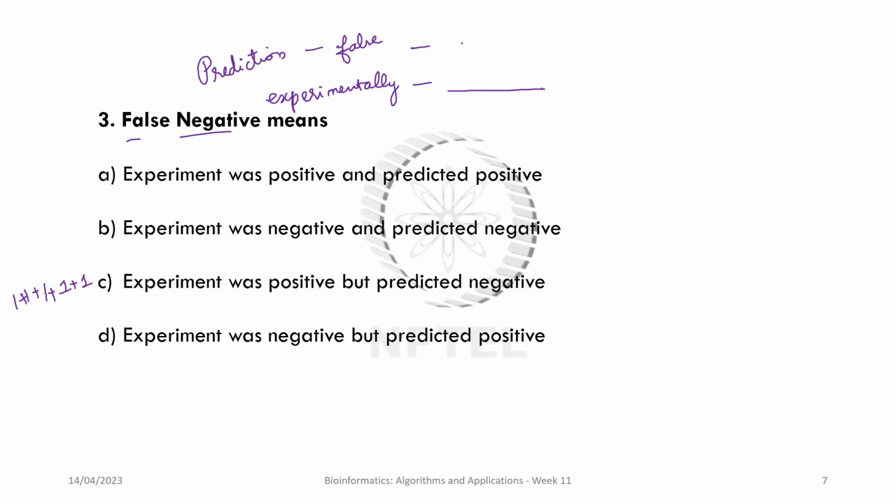So false negative means the predicted value was negative but the experiment was true, which means it is actually positive. So experimentally positive are your shortlisted options. And if prediction is positive, then it's a true positive, right? So this is wrong and the other one is right.